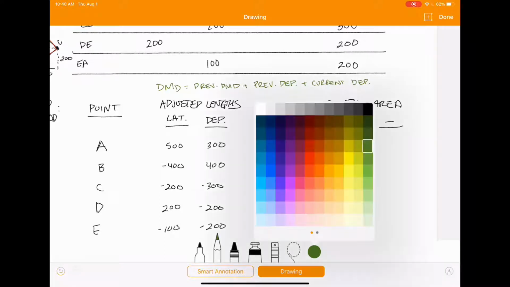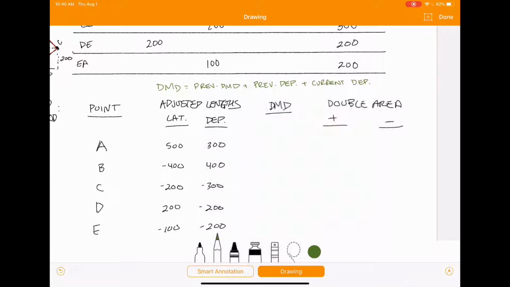So what that means is that for point A, we don't have a previous DMD, so that's going to be 0. We don't have a previous departure, so that's going to be 0. And then our current departure is 300.